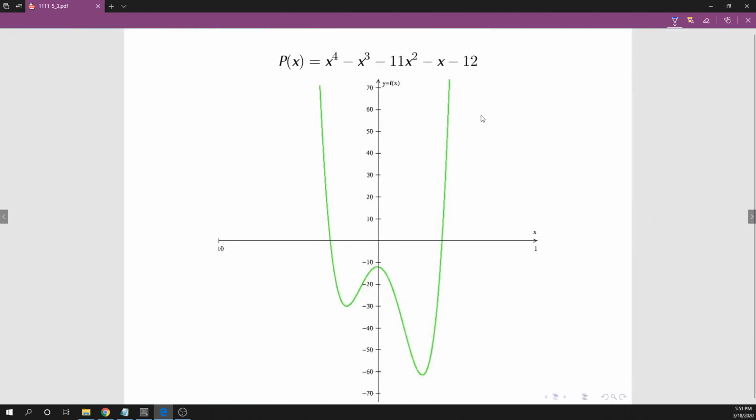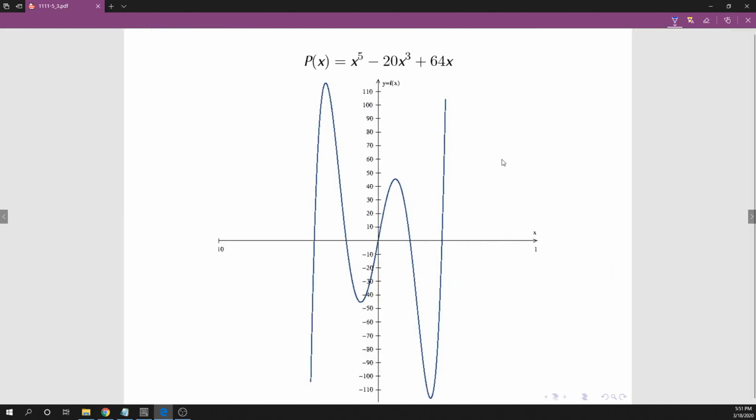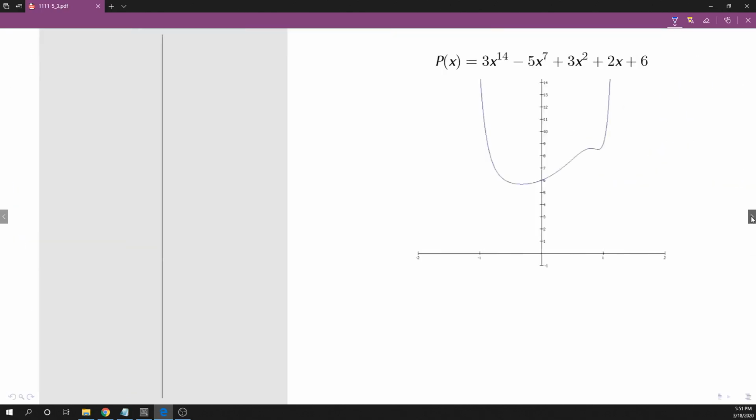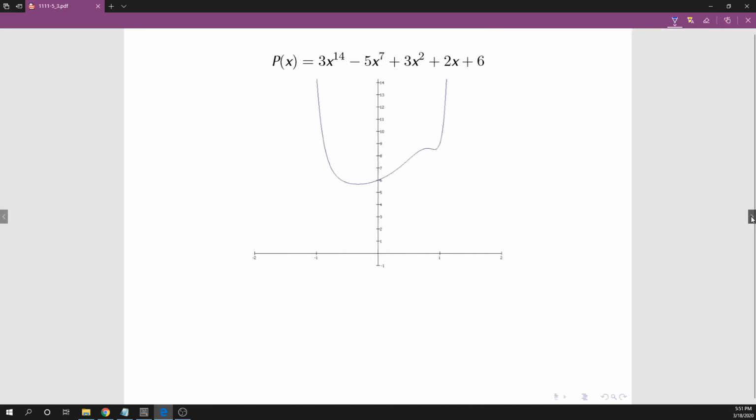And here is a degree 4 polynomial, and its graph. And here is a degree 5 polynomial and its graph. Here's the degree 14 polynomial and its graph.